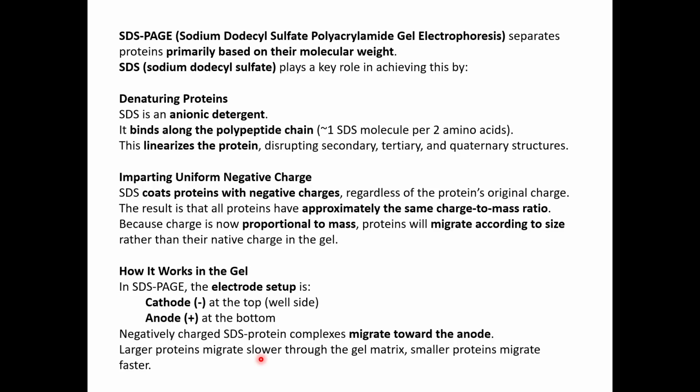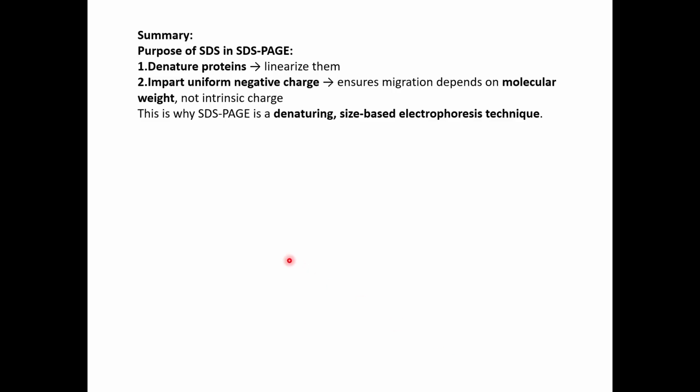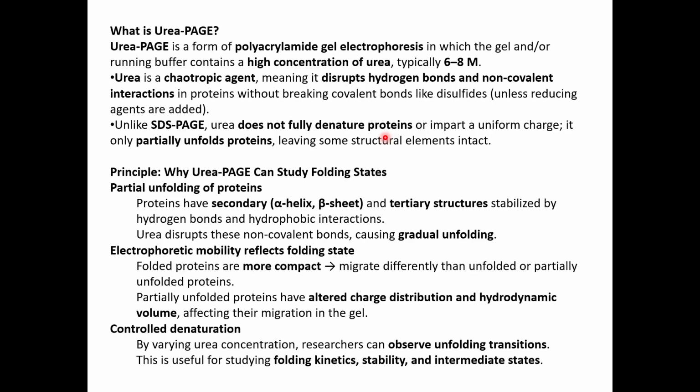Larger protein molecules migrate slower through the gel matrix, and smaller proteins migrate faster. So basically, SDS is a denaturing agent that imparts negative charge uniformly, and it helps in maintaining the linear form of the proteins.